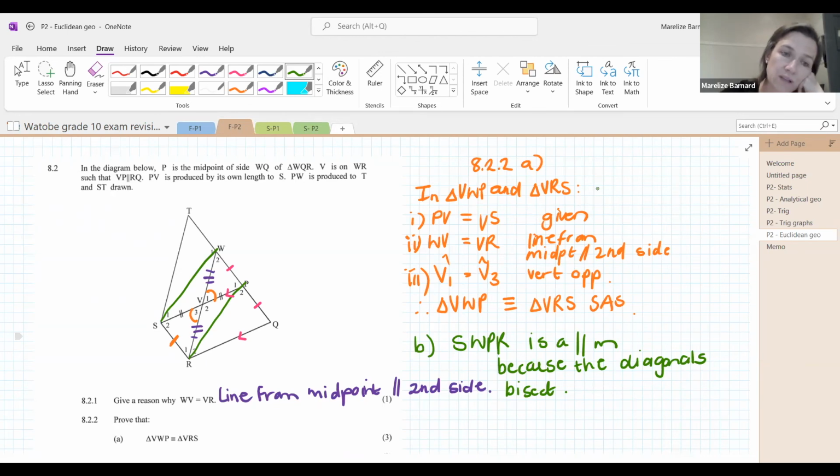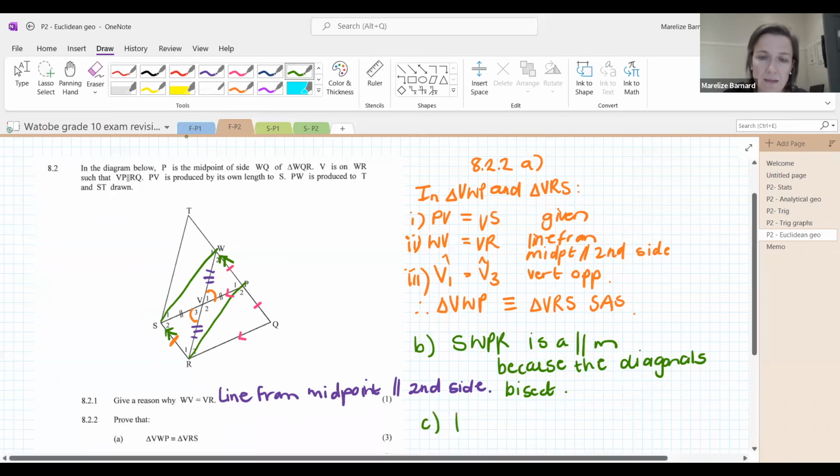Can we prove that SR is parallel to PQ? Well, we can from the question that we just answered. This will be parallel, and because these are all straight lines, PQ is part of that line, so PQ is parallel to SR.